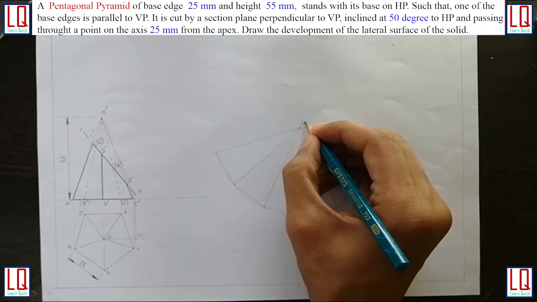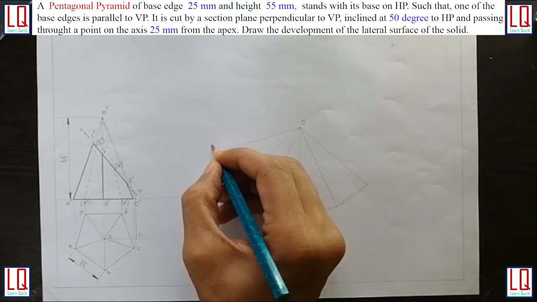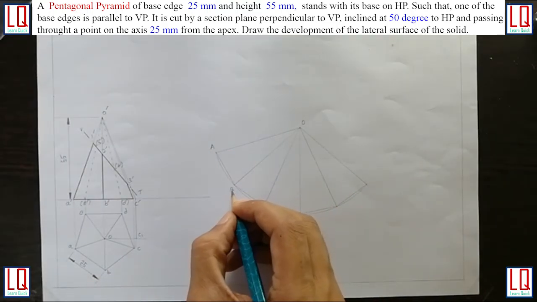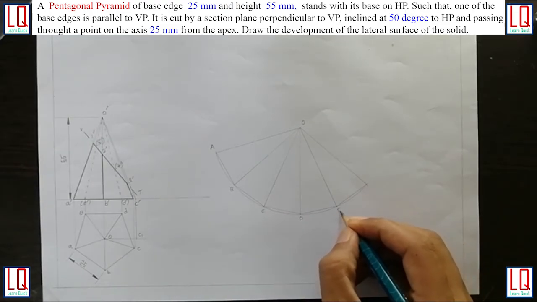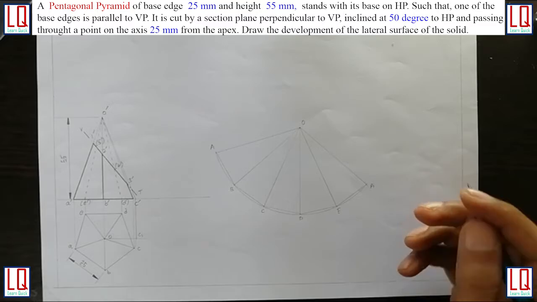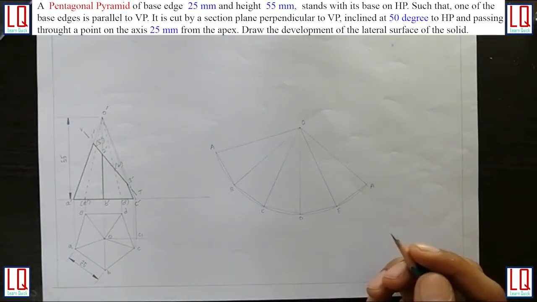So this is capital O, and here we will start with capital A, B, C, D, E and again A, because when we close, A and A will become one.